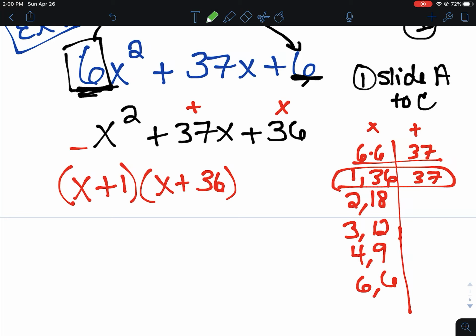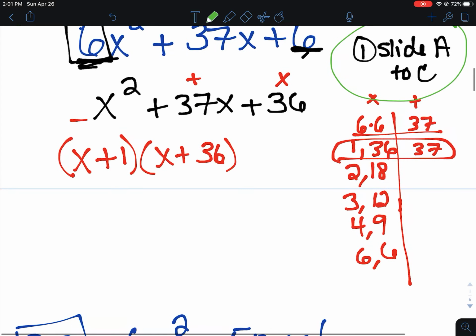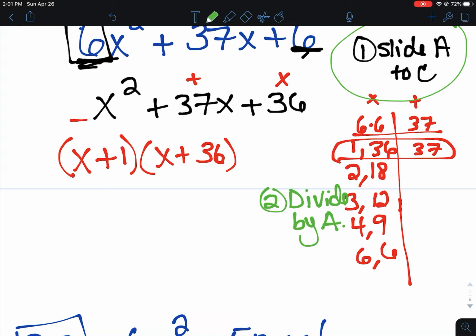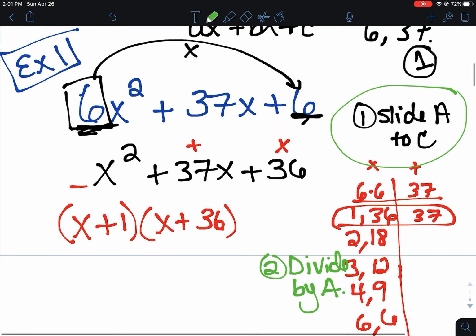And then it's called slide and divide, remember. So because we slid the a to the c, now we have to divide. So step 2 is divide everything by a. We have to account for the fact that we multiplied this a value in by dividing it back out. And then let's look what happens.